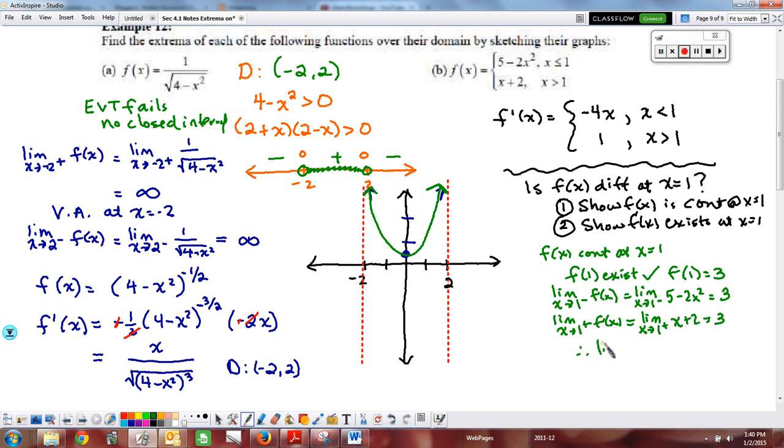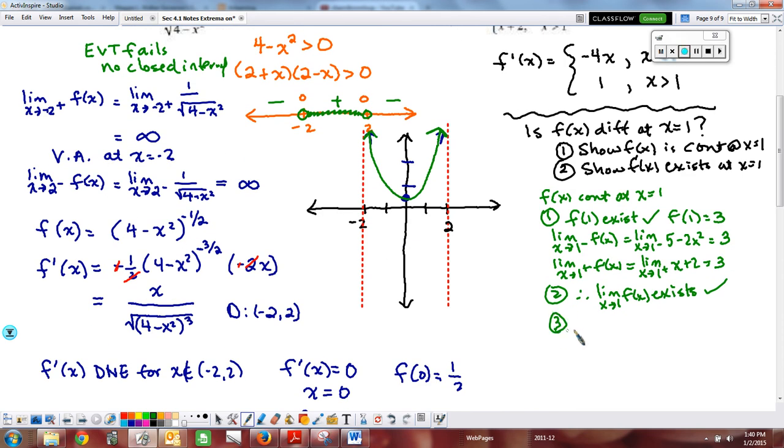Those are the same, so the limit as x approaches 1 of f of x exists. Check. So this was number 1 in our definition, number 2 in our definition. And then number 3 in our definition is that the limit as x approaches 1 of f of x was the same as f of 1, which was 3.